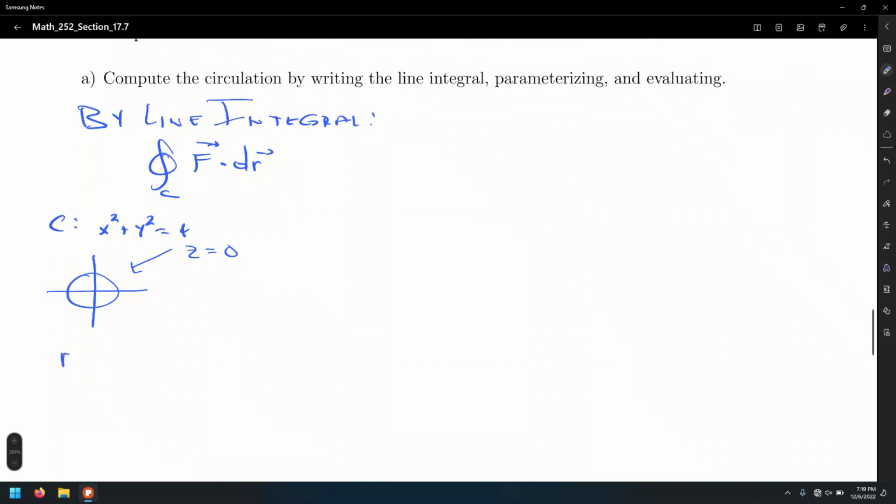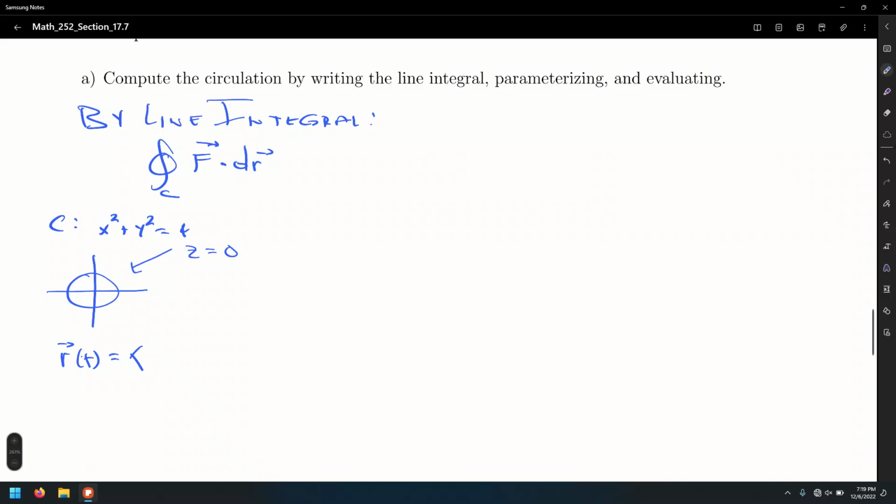So that's r, which is, we can parameterize a circle, r of t. You know the different ways to parameterize a circle. It's either cosine comma sine or sine comma cosine, depending on the orientation. In this case, orientation matters because we're going in the positive orientation.